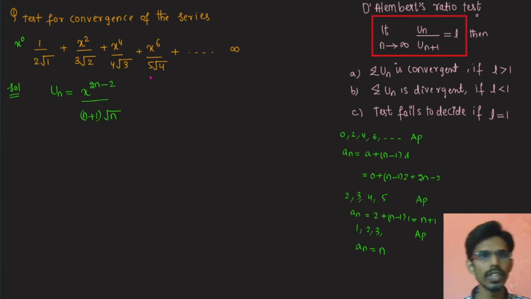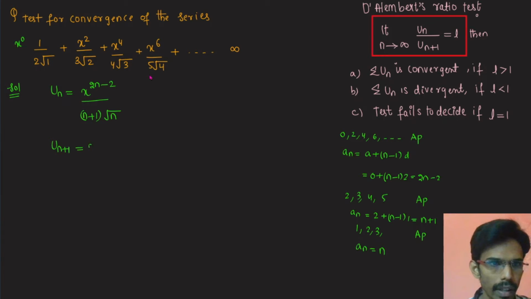Now from the series we got the general term un. As per D'Alembert's ratio test we now want un plus 1. So put n plus 1 in place of n. We get un plus 1 as x power of 2 into n plus 1 minus 2 upon, in place of n put n plus 1, so this will become n plus 1 plus 1 into root of n plus 1.